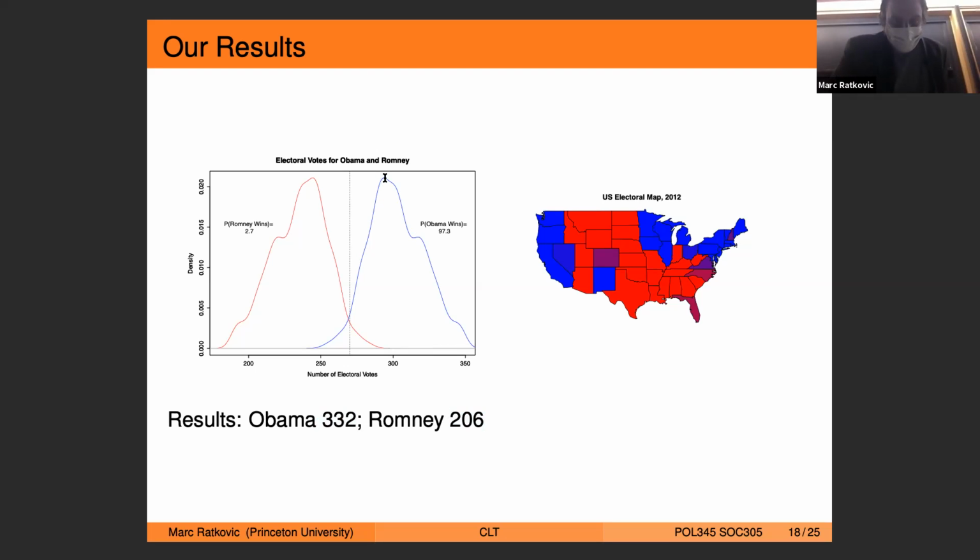I think we had him getting closer to like 290. There was an extra state that he won that we didn't anticipate, but it was this bump right here that was the actual result. And then for each state, we could estimate how much it went for Obama or Romney across our simulations. And this was the US electoral map for 2012 that we predicted. All this was done before the election and we got it right.